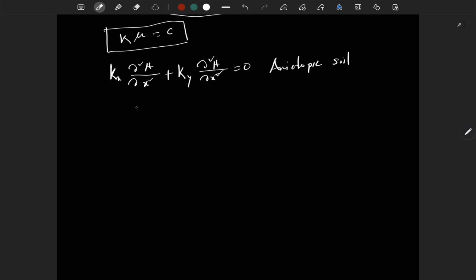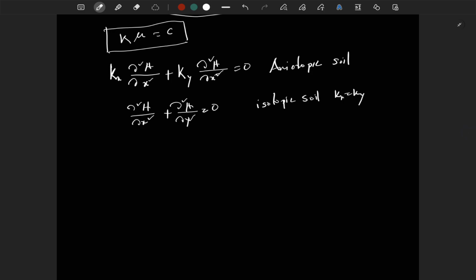And for isotropic soil, d2h/dx2 plus d2h/dy2 equal to 0, because for isotropic soil Kx equal to Ky. Clear?